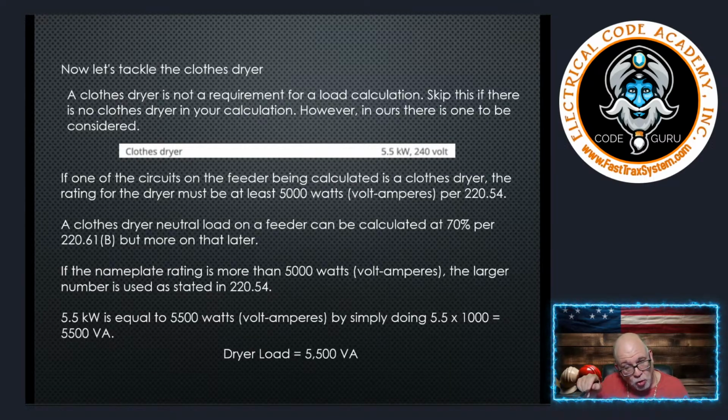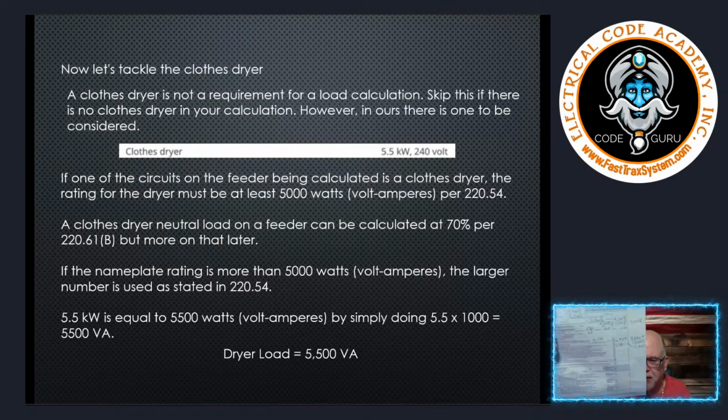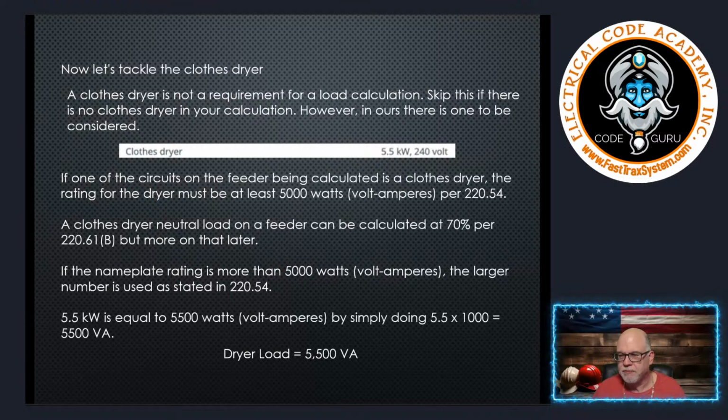That's my neutral portion for this clothes dryer. So I'm going to write that down so that I've got it. 3,850. Easy peasy. So we've got 5,500 for our ungrounded conductor in our load calc, and as you can see, I got 3,850 for the neutral for that.